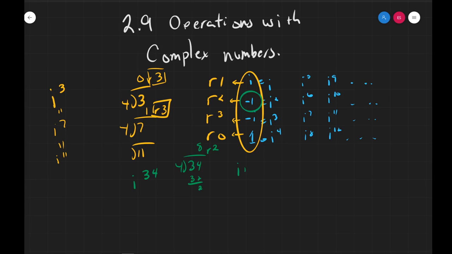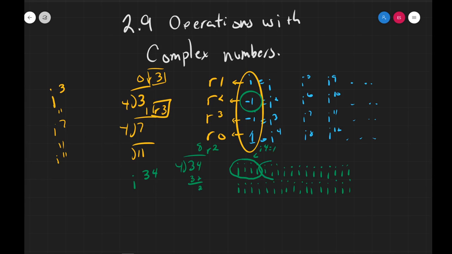Because if we say i times i times i and so on, believe it or not, there's 34 i's here. I didn't feel like making you watch me draw all of them. If we group them in 4s, we said earlier that i to the 4th power was 1.